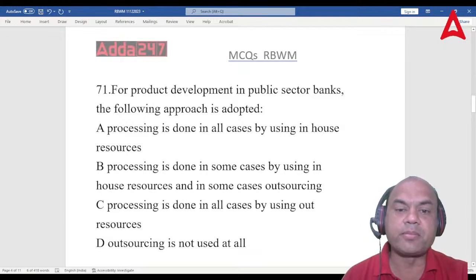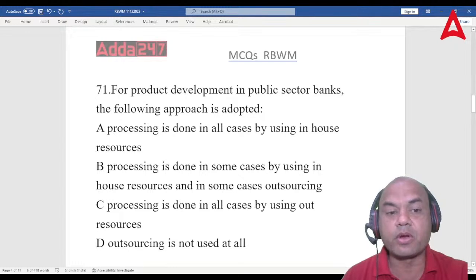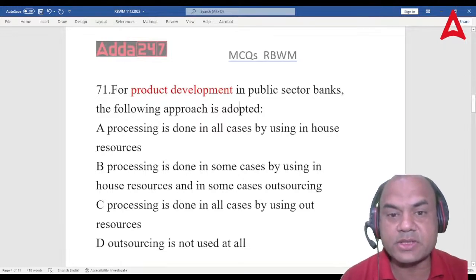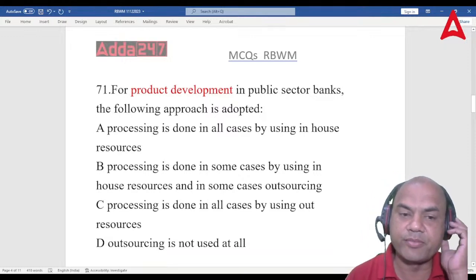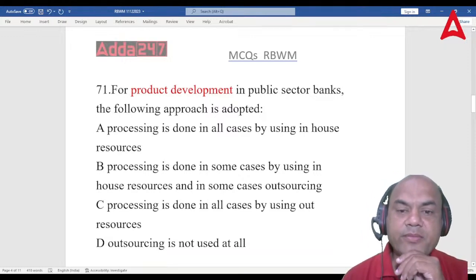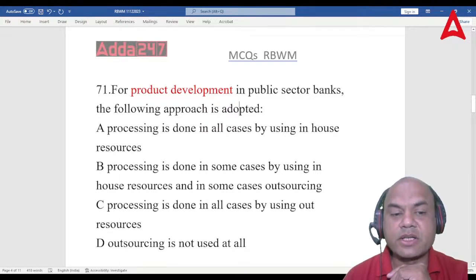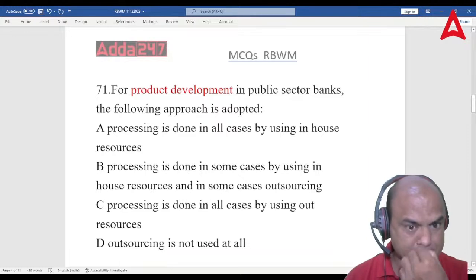For product development in public sector banks, the following approach is adopted. So, product development, focus on this word, for developing a new product in PSBs. Now they have specifically asked about PSB, public sector banks. So, for PSB, what is the approach to be adopted? A: Processing is done in all cases by using in-house resources.